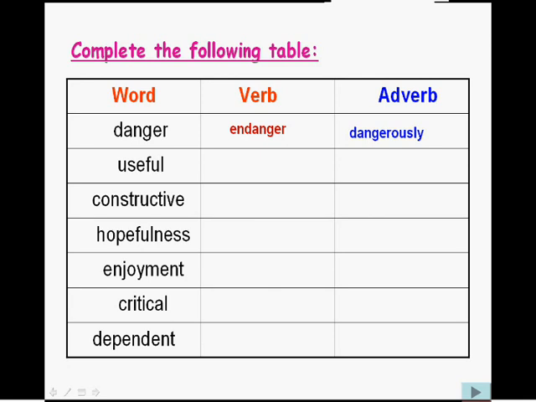So the word danger, which is a noun, the verb of danger is endanger, and the adverb is dangerously. So danger, verb endanger, and adverb dangerously. Useful. So the verb of the adjective useful is use.